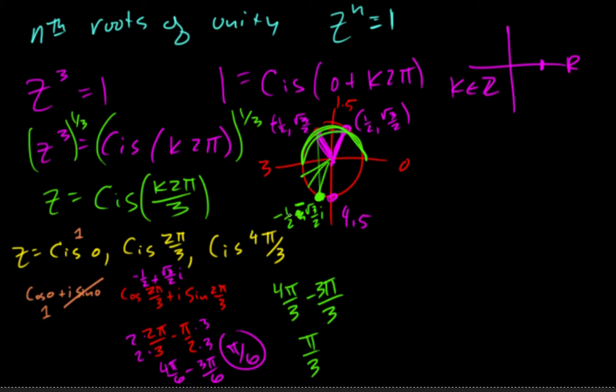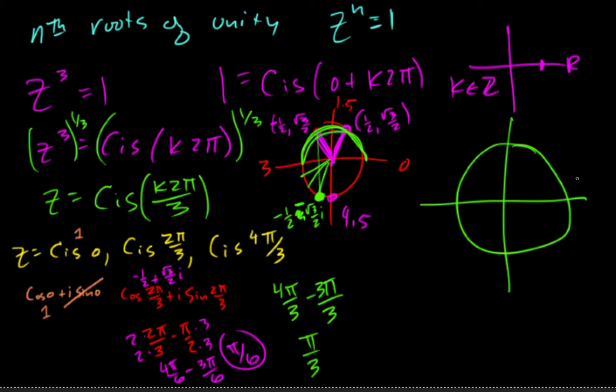Now if we read the problem, let's draw them on an Argand diagram. So our first one is just 1. So the radius of our circle will be 1. And we're told that these will be evenly spaced from this point.